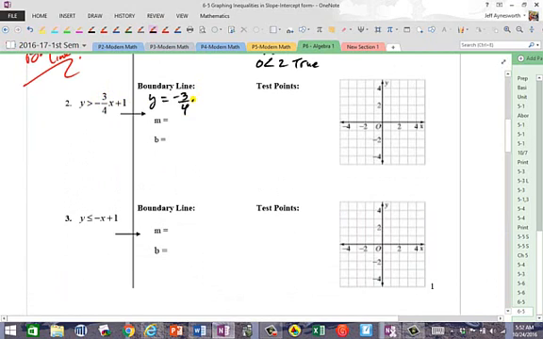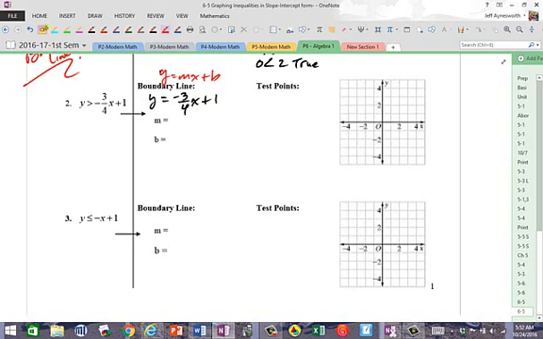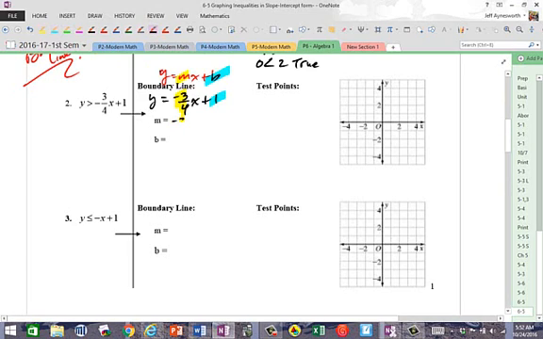If you compare this to your slope-intercept form, and I always write it like this to compare, you'll see that the slope is negative 3/4 and the y-intercept is just 1. So negative 3/4 for the slope, which is down 3, right 4, and the y-intercept is 1, or 0, 1.